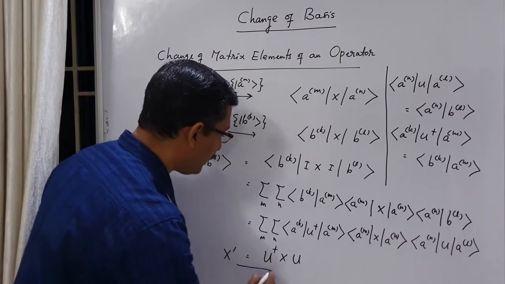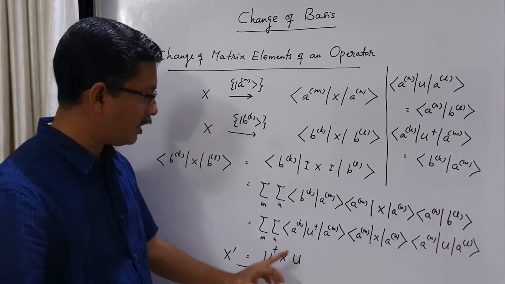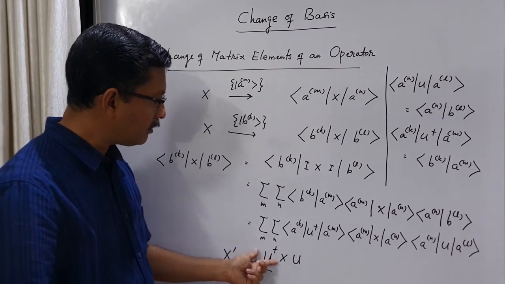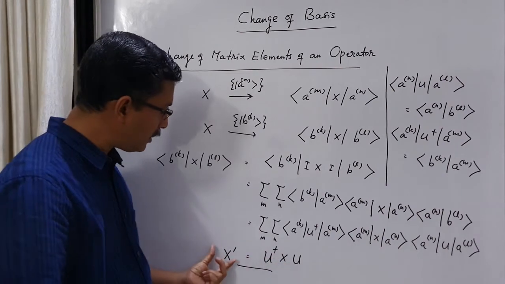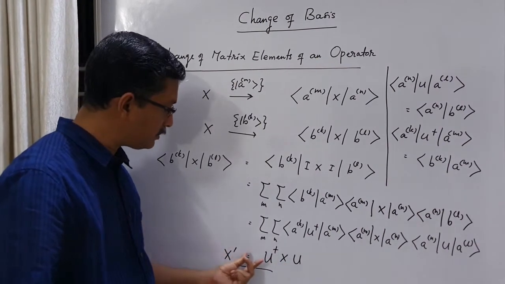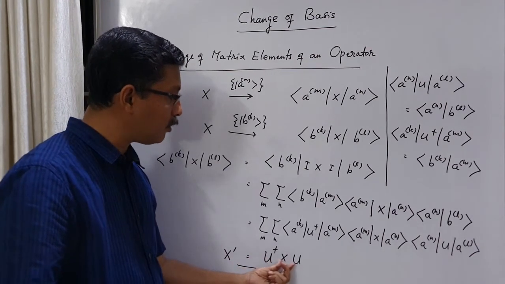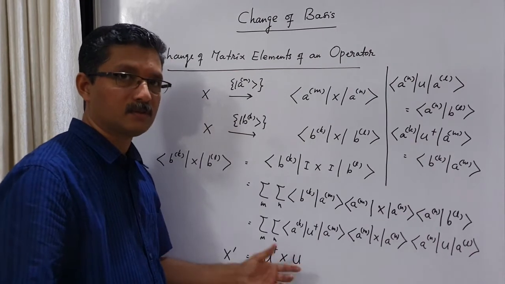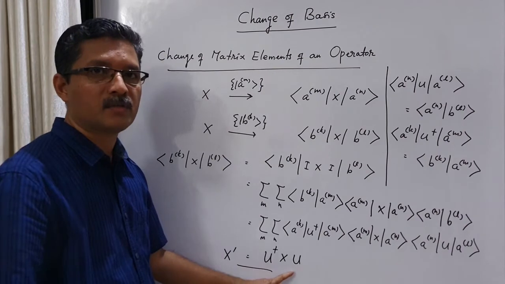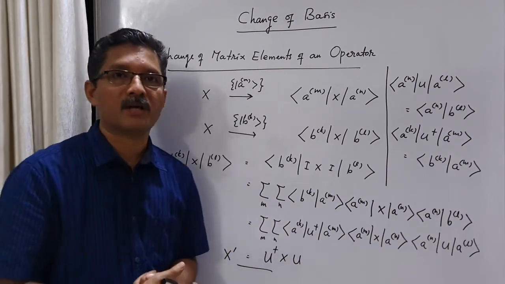This is how an operator changes during change of basis. U dagger X U. The matrix element of the operator in the new basis is obtained as the matrix of U dagger in the old basis, the matrix of X in the old basis, and the matrix of U in the old basis. So in short notation, X prime is U dagger X U. This is called a similarity transformation. So an operator undergoes a similarity transformation under change of basis.